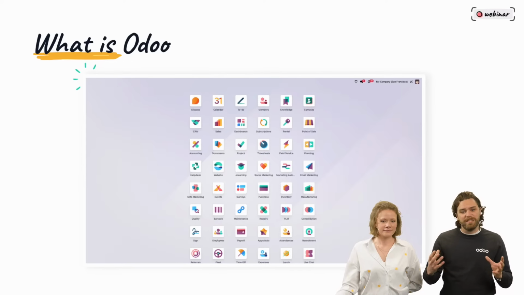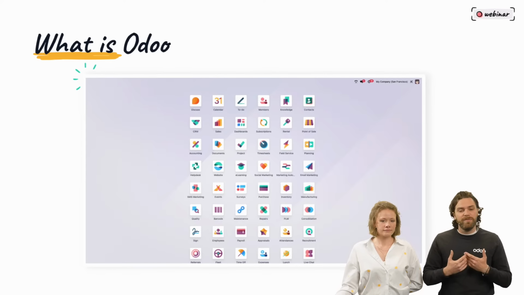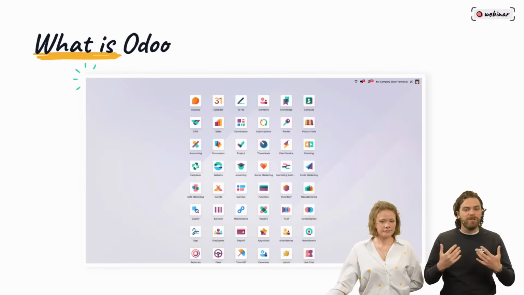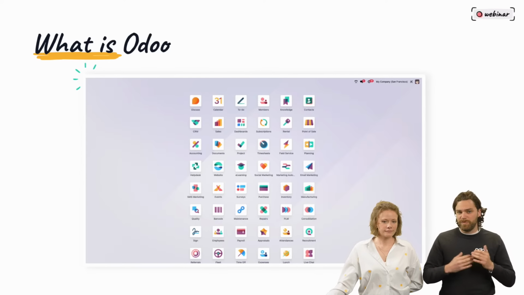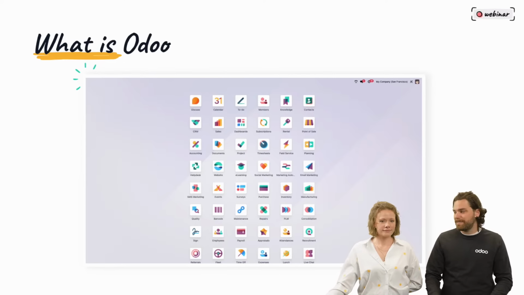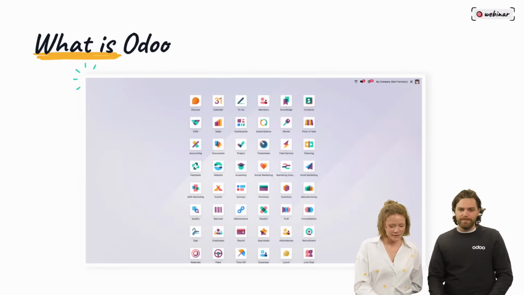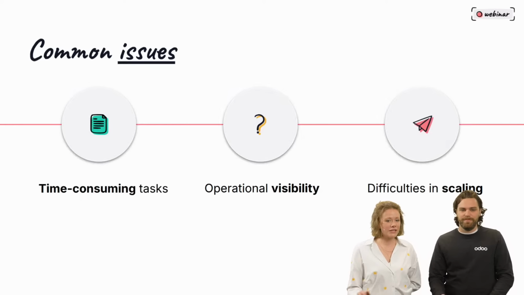So we'll focus, as I said, on the common applications for the gardening and landscaping industry here, but we have more and more applications regarding accounting, regarding website, regarding a lot of things, marketing, and so on. So once again, if you have questions, you will be able to ask them at the end of the presentation as well. We'll start here with the common issues.